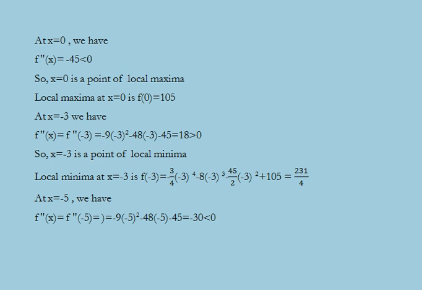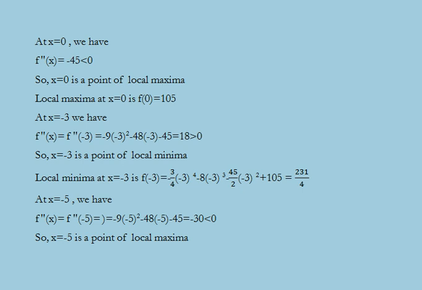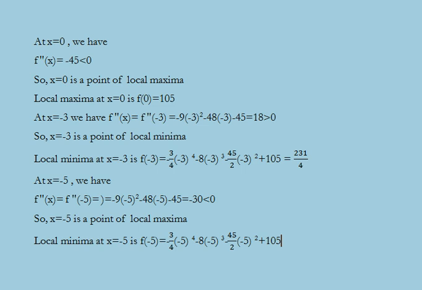Therefore at x = -5 we have a point of local maxima, and the value of the maxima at this point is obtained as f(-5) = -3/4 into (-5)^4 - 8 into (-5)^3 - 45/2 into (-5)^2 + 105, which is equal to 295/4.